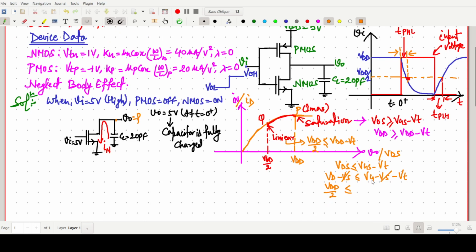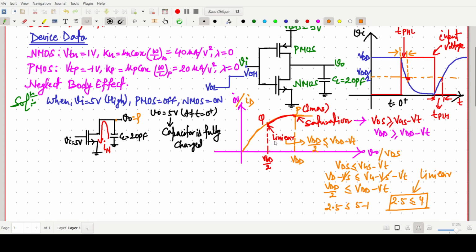Now VG is the input, so it is our VDD minus VT. Now we can put VDD by 2, it is our 2.5 volt. This one is 5 minus 1. So 2.5 volt is always less than 4 volt, so it is in the linear region. So that thing we have to know.